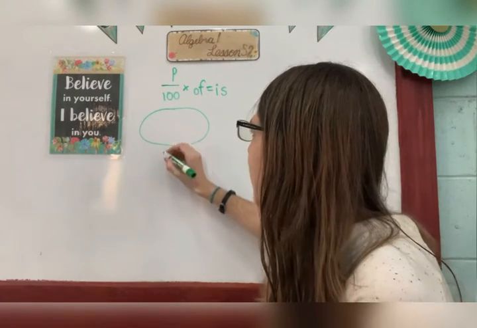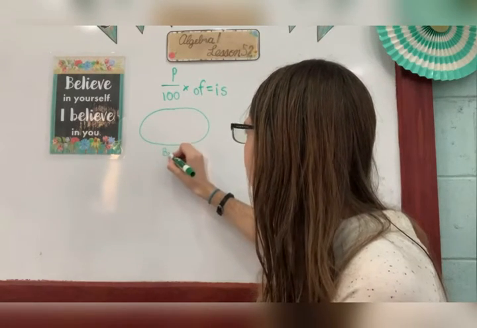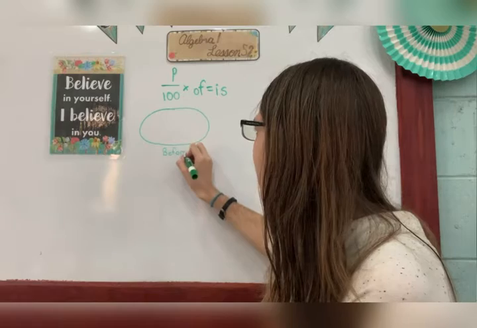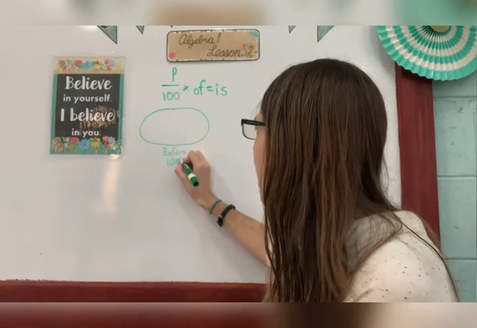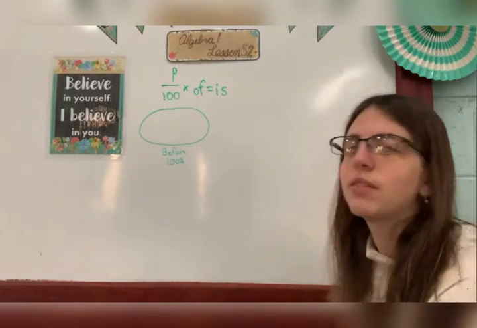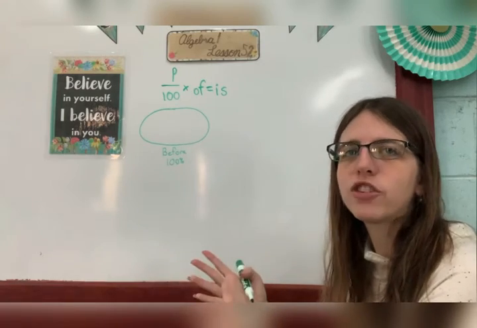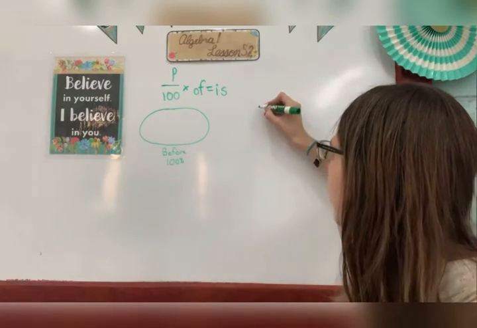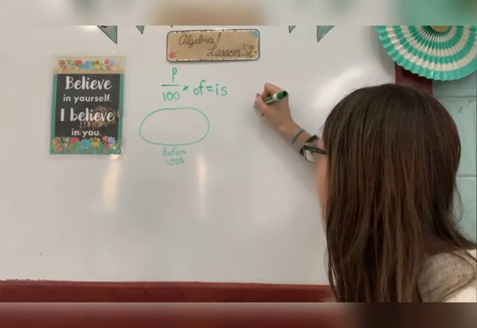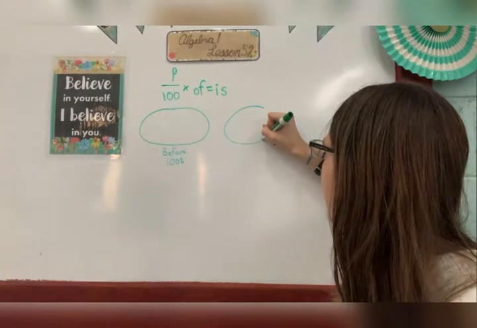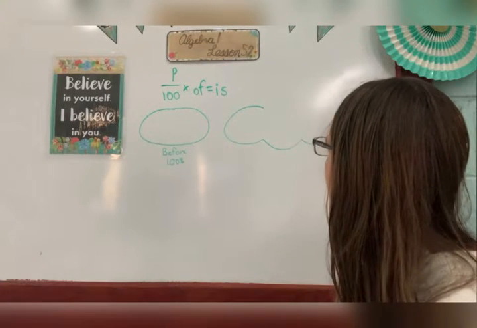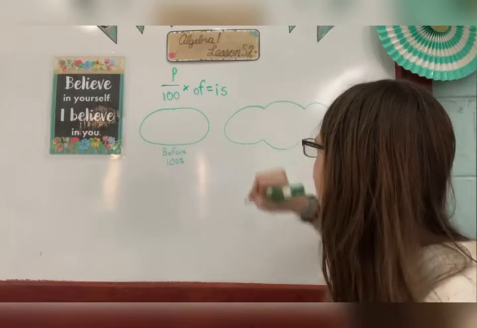So this, remember, is our before number, the number that we start with. And it is always 100%. It's your whole number, so it's 100%. Well, if your second percent that you're looking for is greater than 100, we're going to draw this kind of bubble, okay?